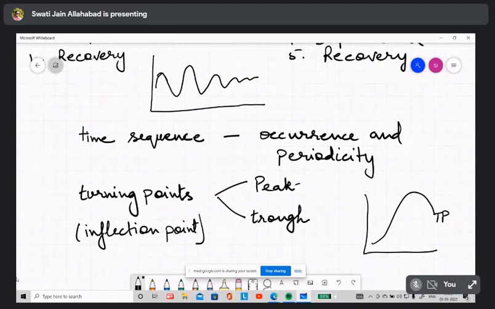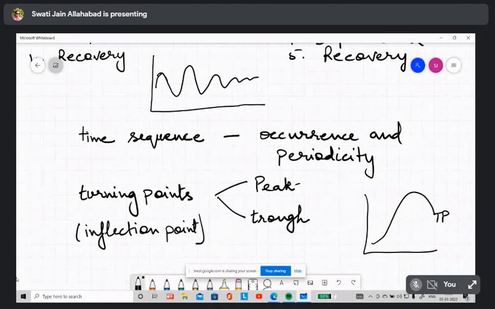The inflection point is the point where the slope changes on the curve. Similarly, for business cycles also, there will be turning points where the phase changes or where the pattern of movement in economic activity itself changes.